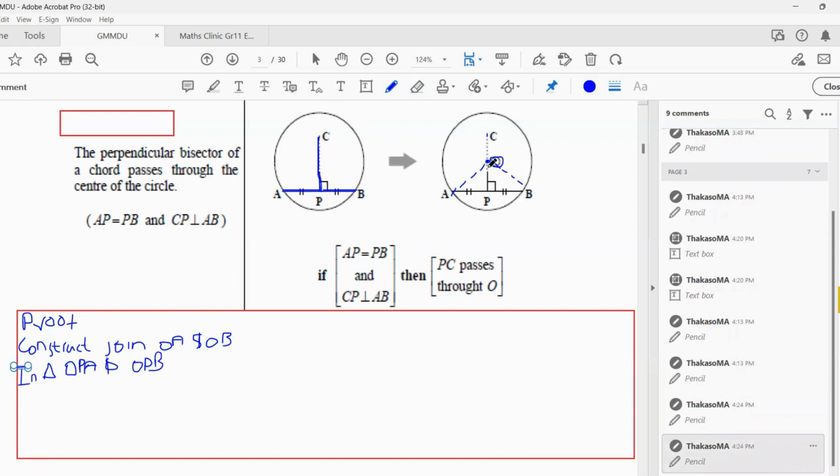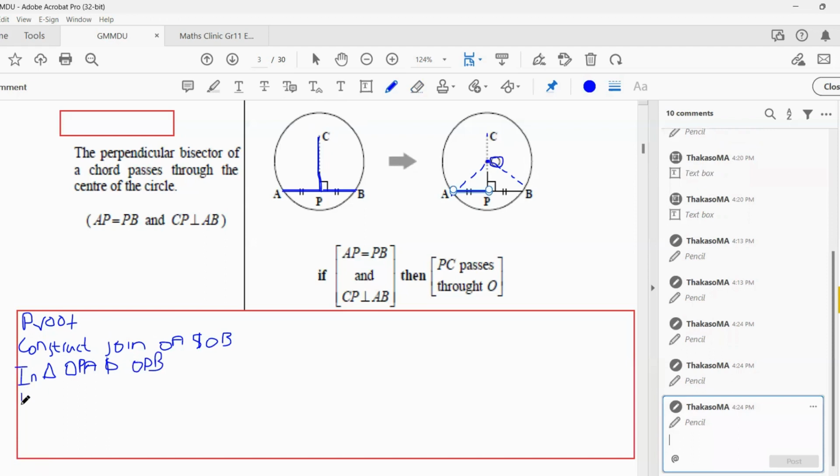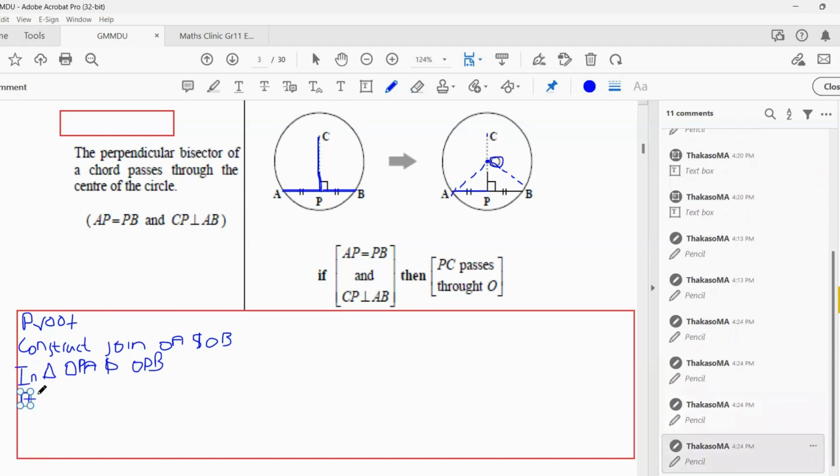The first thing we notice is that line AP is equal to PB. That is given. That's our reason. You always write a reason. Remember, you don't leave a statement like that. If it's given, you say given. They told us that AP is equal to PB.